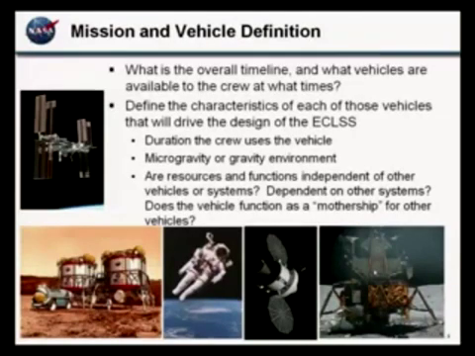So mission and vehicle definition. The first question is always, what is the timeline for me? For a Mars mission, obviously we're looking at a pretty long timeline, but probably not as long as space station. A spacesuit even counts as a life support system. You know, we have that lovely picture.